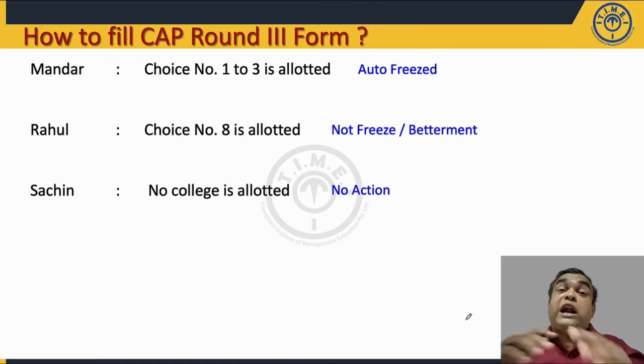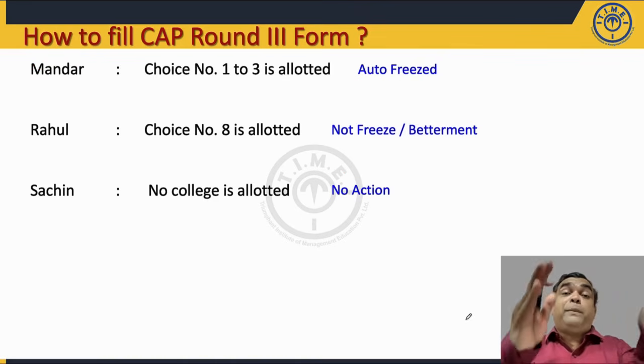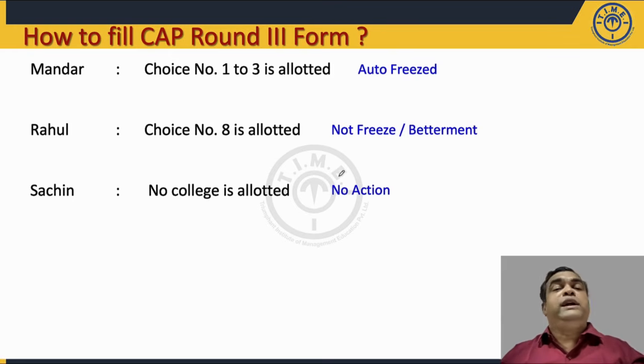Now, in round 3, if you get admission in your top 6 choices, it's compulsory. So that's why I'm saying, top 6 choices get auto freeze. So somebody says, I'm not interested below Wellinger. Then he should fill only JBIMS, Sydenham, Wellinger.